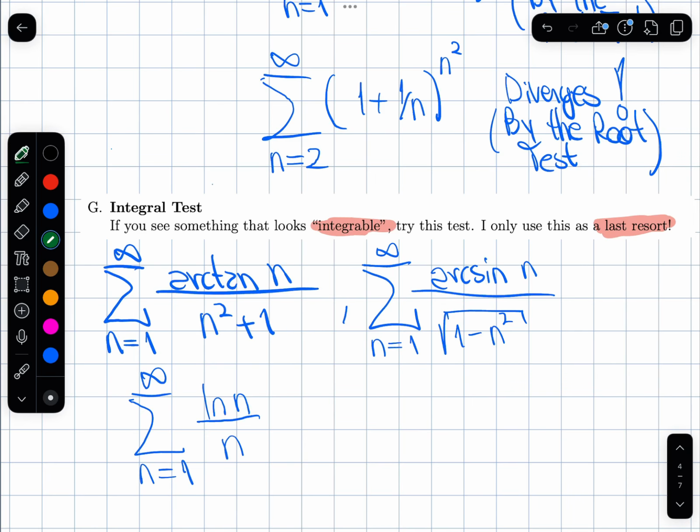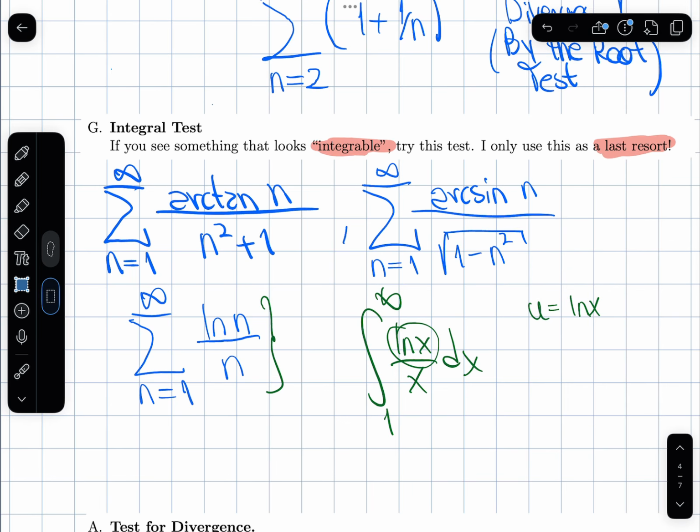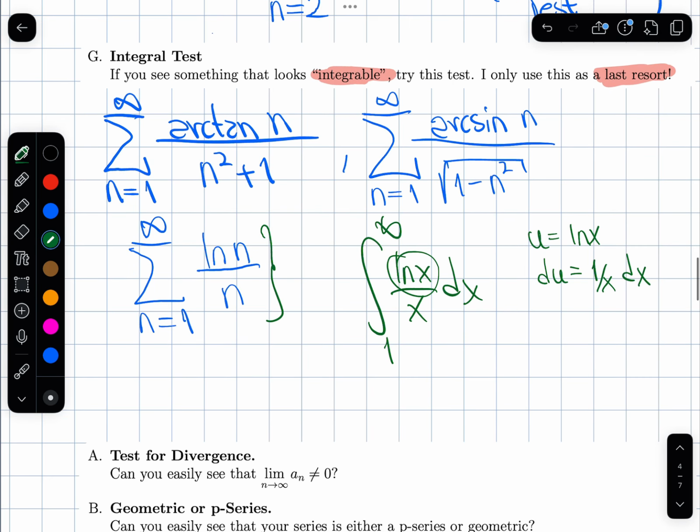Again, if you go here and see this as an integral, ln x over x dx from 1 to infinity, then you can make a u sub and say u is ln x, du is going to be 1 over x. So after u substitution, this is just the integral of u du, like this, right?